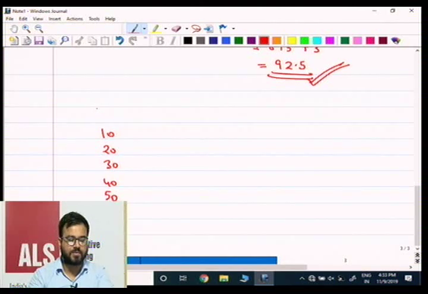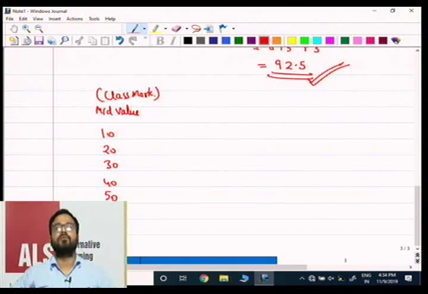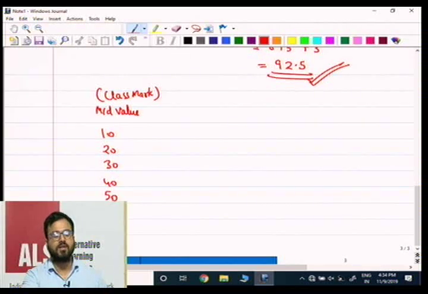These are the mid values, or we can also say class marks, of the class intervals. Using this one, we have to find the class interval. Because in median we want the class interval, since we have to get the lower limit.